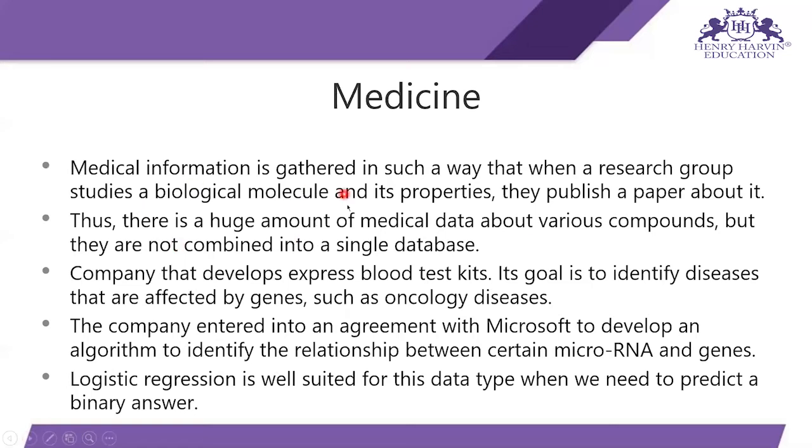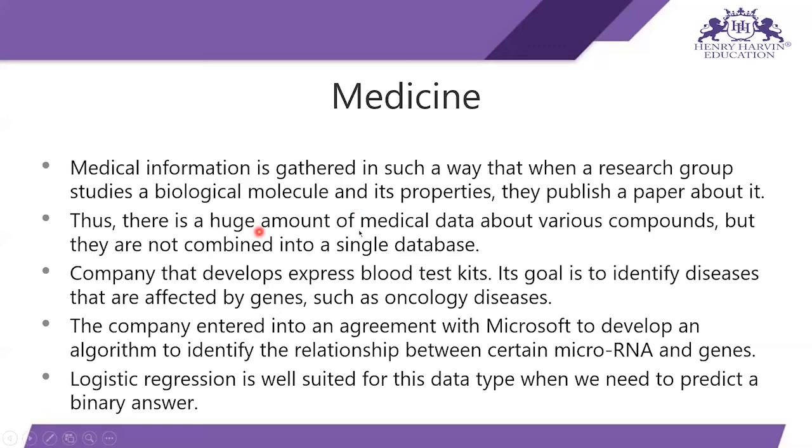Medical information is gathered in such a way that when a research group studies a biological molecule and its properties, they publish a paper about it. So whenever a research group studies a molecule, they get to know about something new, a new molecule or something new in biological terms, and they publish a paper about it.